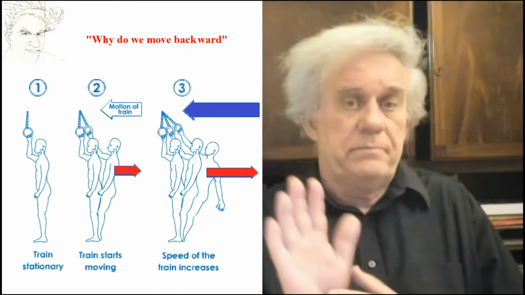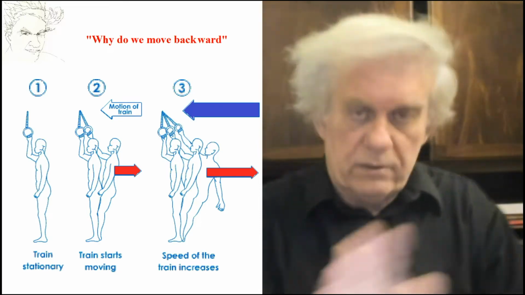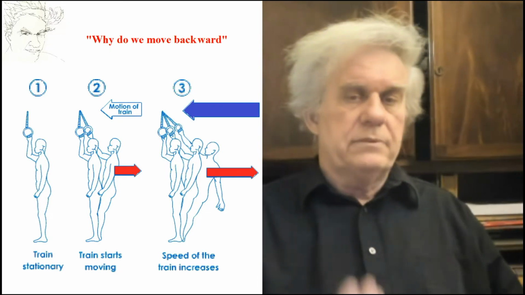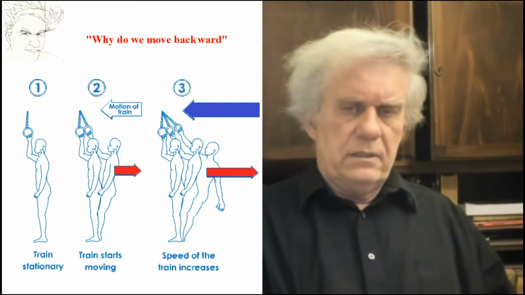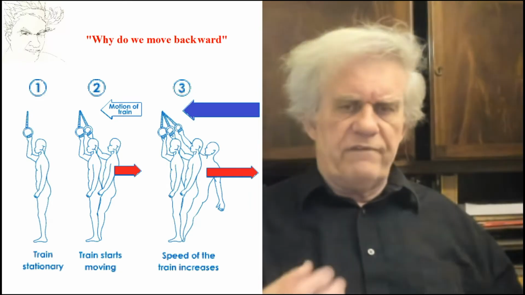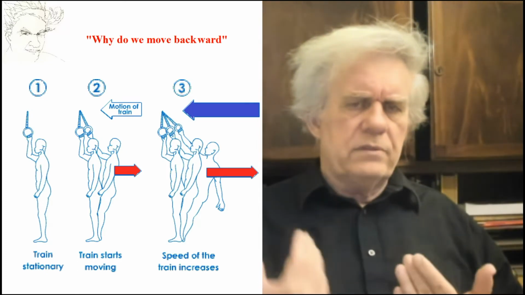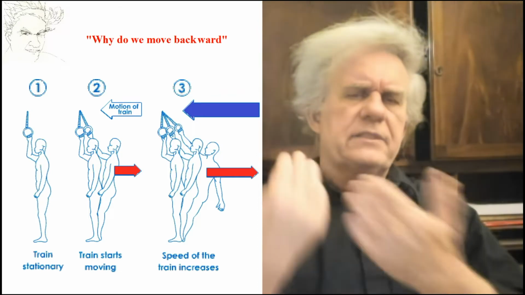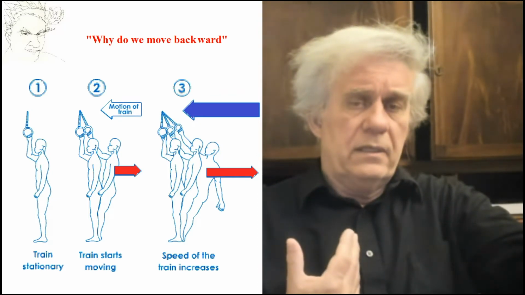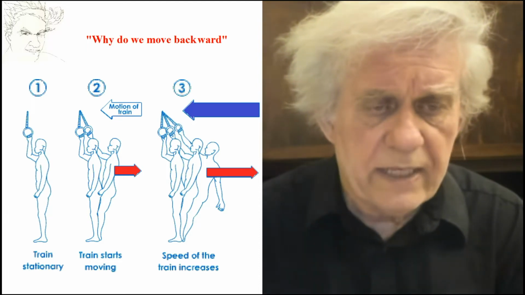If I were like a steel beam and I'm sitting on the platform, my whole body would go forward. But since I'm malleable, the upper part goes backward. But it turns out your whole body is interconnected. You're a bunch of atoms, they're all interconnected. Why does the rest of your body move backwards or stay backward when your feet move forward? That's the question. Okay, so let's move on here.